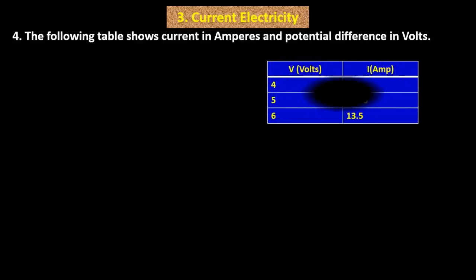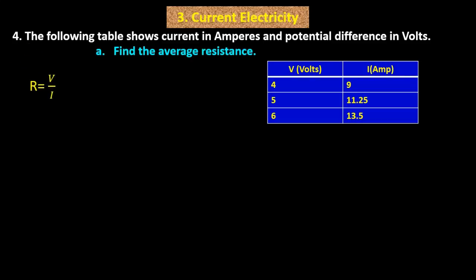Question number 4. The following table shows current in amperes and potential difference in volts. A. Find the average resistance using the formula R = V/I. Answer: R1 = 4 V / 9 A = 0.44 ohm.